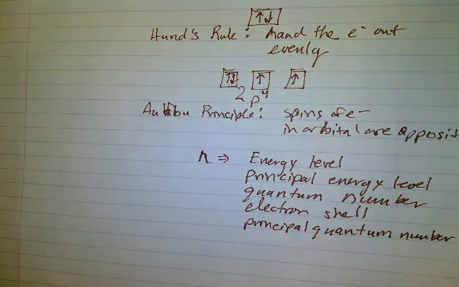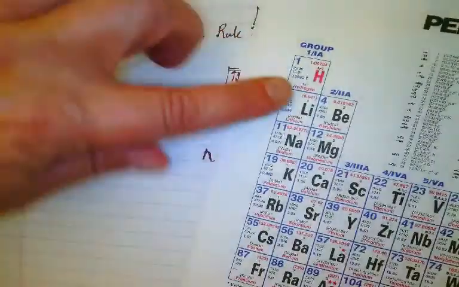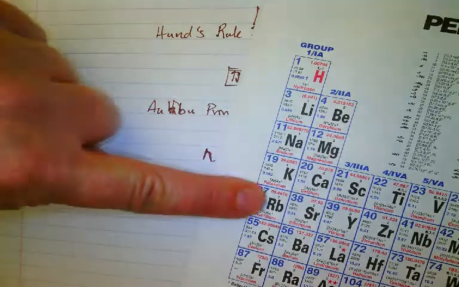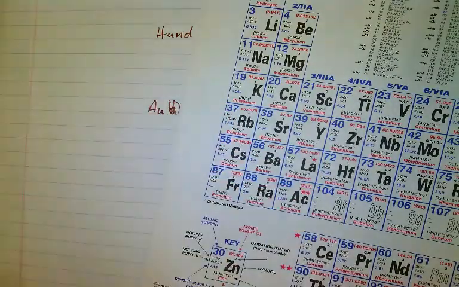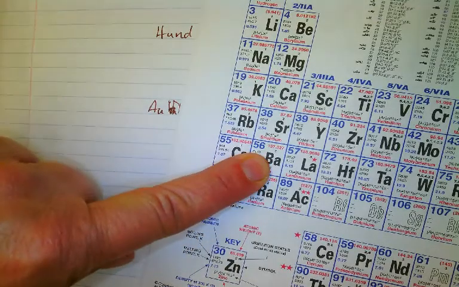Do you remember how you figured out the energy level of an element? The energy level is the row, or the period. So that's the energy level. So barium, how many energy levels does it have?